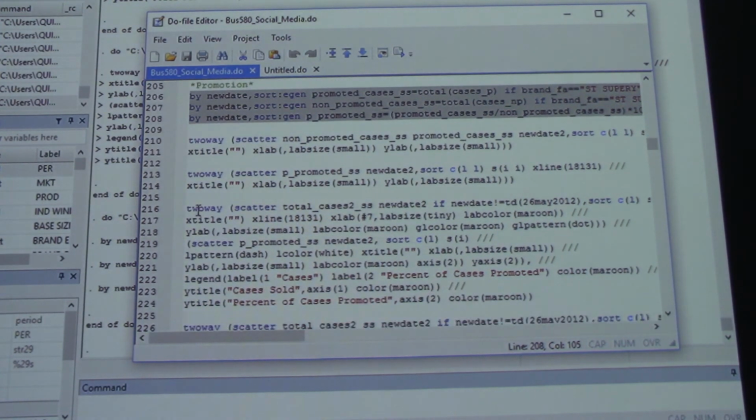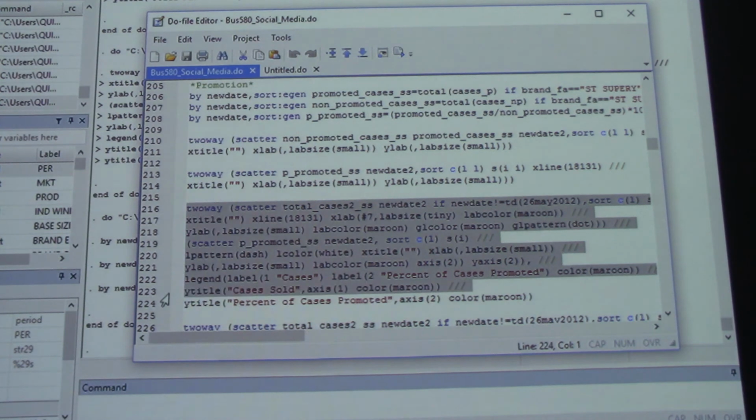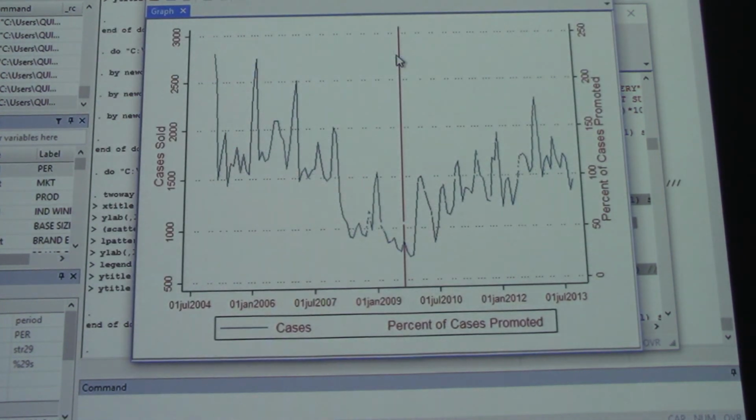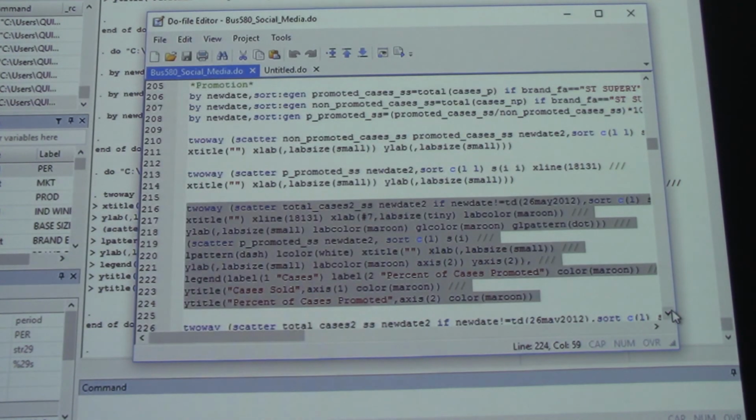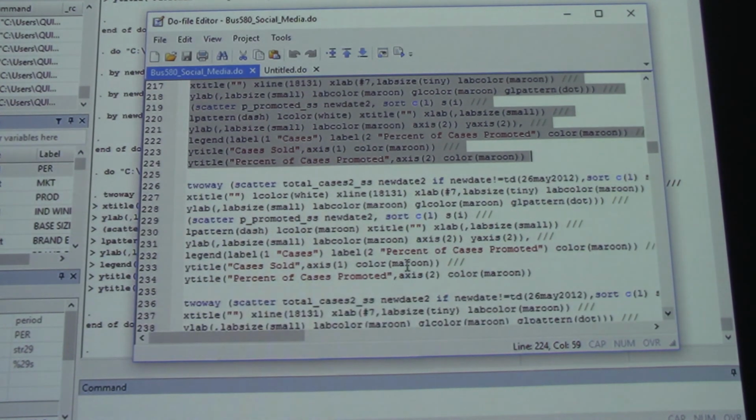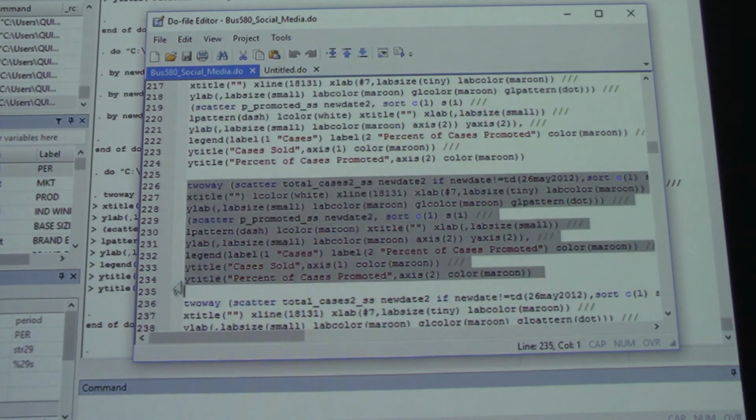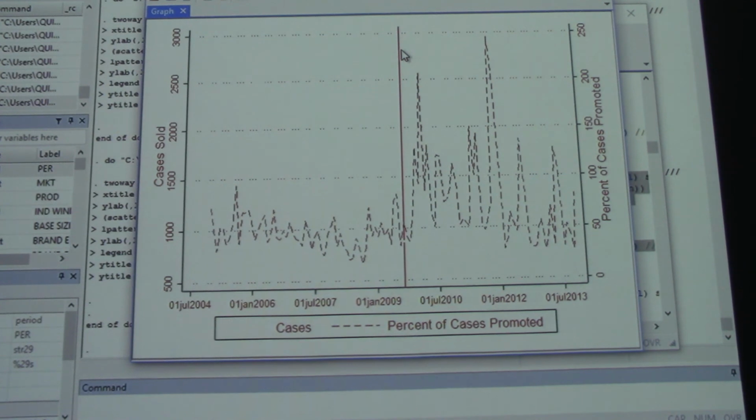Okay, so here is cases and promotion. Nope, that's cases. That is promotion. Let's put them together.